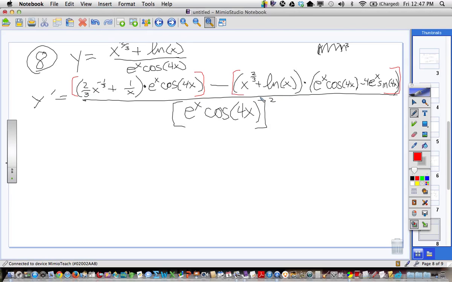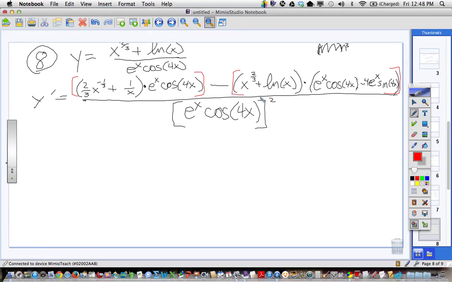Can you factor out a cosine 4x? This red thing has cosine 4x as a factor, right? There's this quantity times that quantity times that quantity. So cosine 4x is a factor here. Is it a factor here? Because of that minus, it's not. Now, if we could take out a cosine in this parenthesis, then it would be a factor, but it's not. And that would have been good, because we could have canceled it with one that's down here.